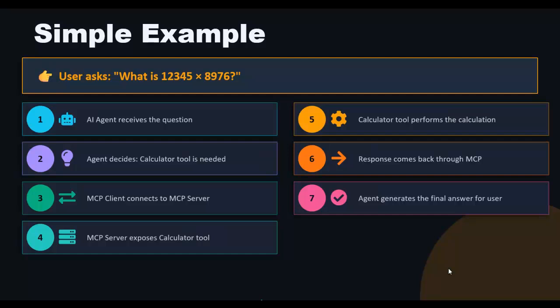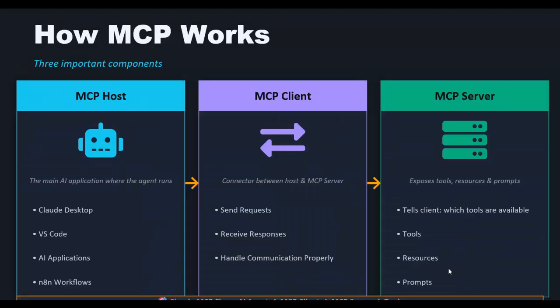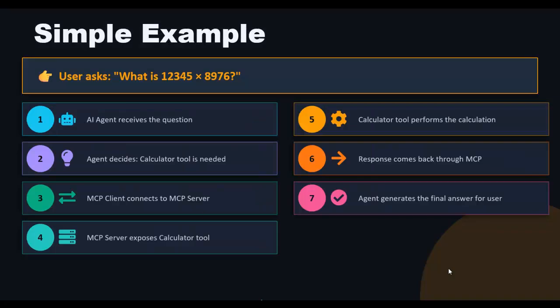So let's take a very simple example to clear up this MCP architecture. Suppose the user asks what is 12345 into 8976. Don't you worry, it will be cleared 100% when we implement and build MCP using n8n. Just listen carefully. First, the AI agent receives the question.